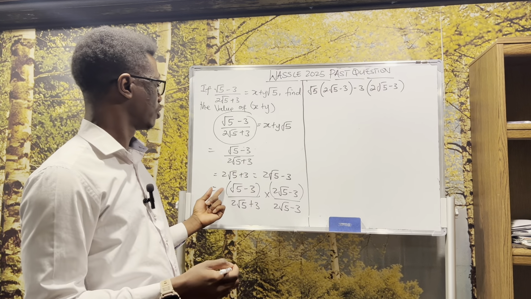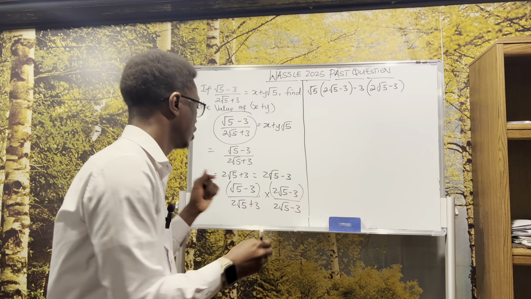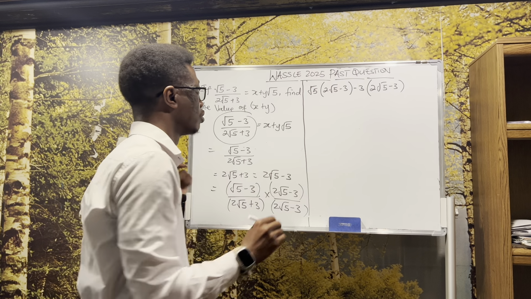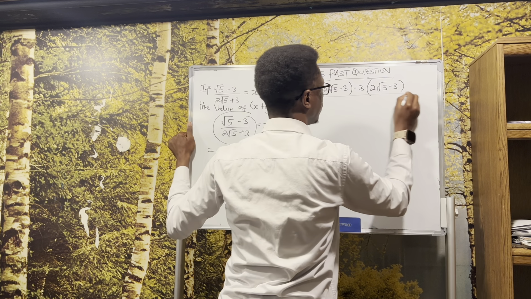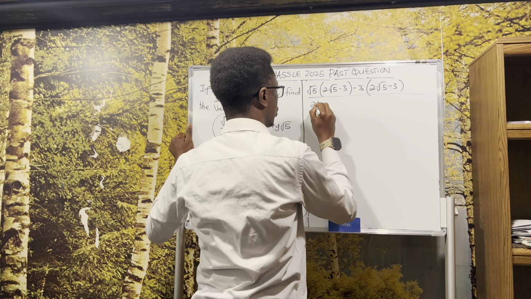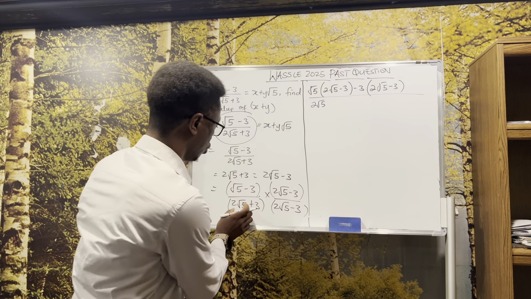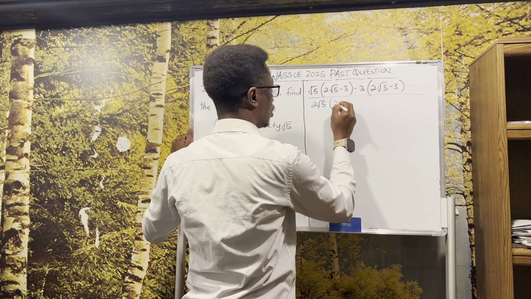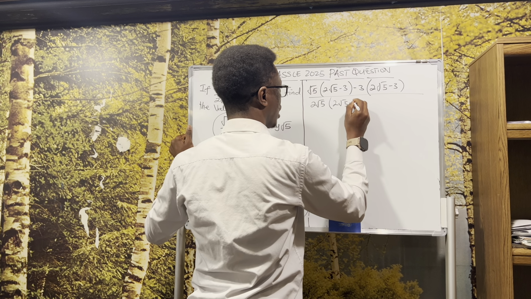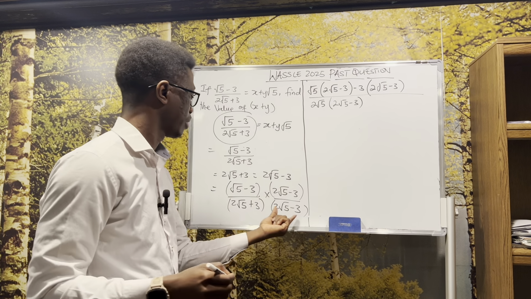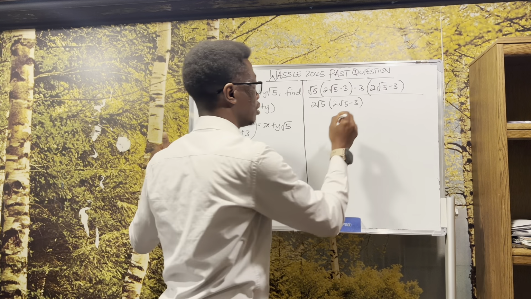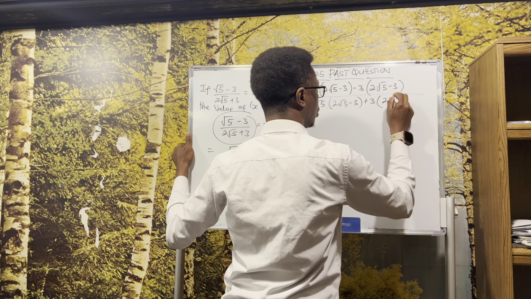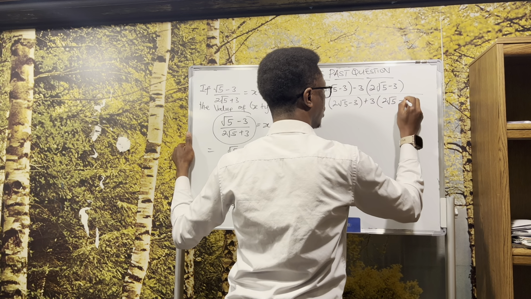That's for the numerator. Now the denominator: you take 2 root 5 multiplied by 2 root 5 minus 3, then you take plus 3 into 2 root 5 minus 3.